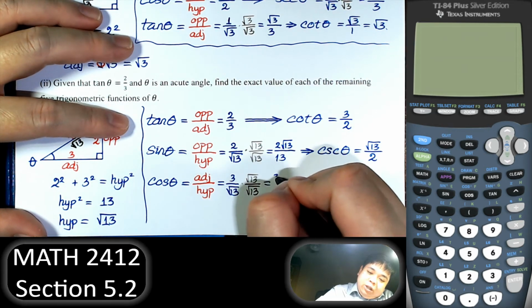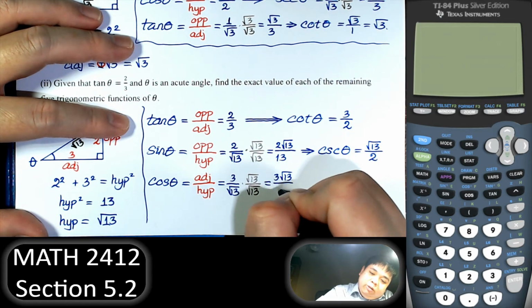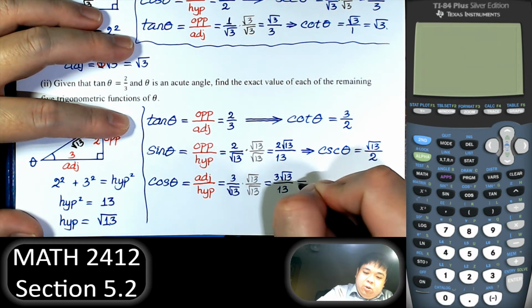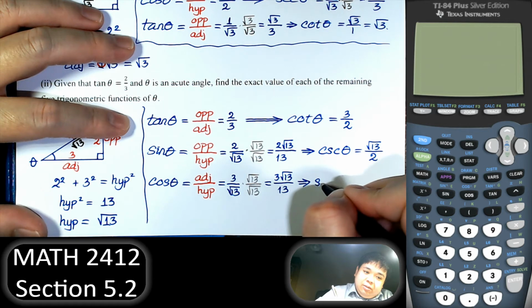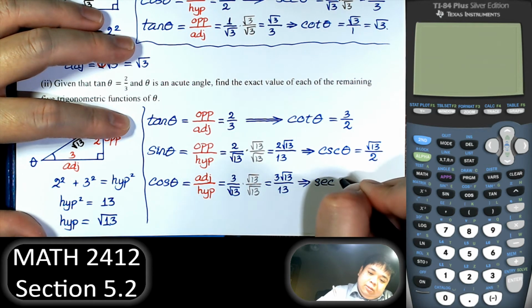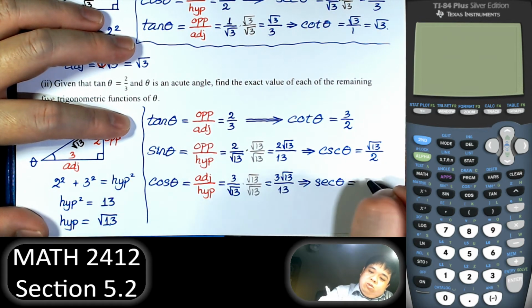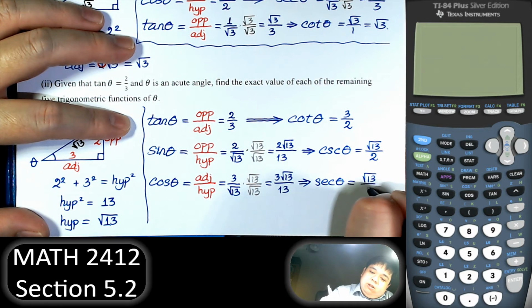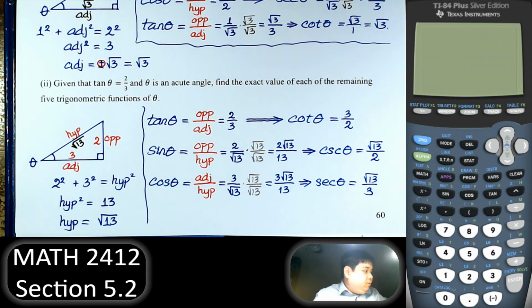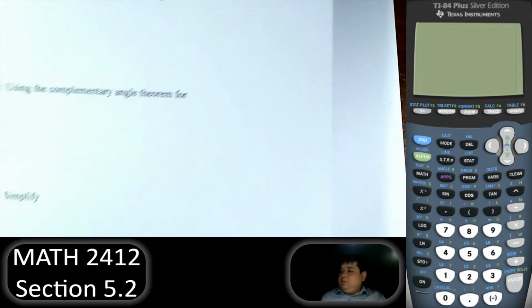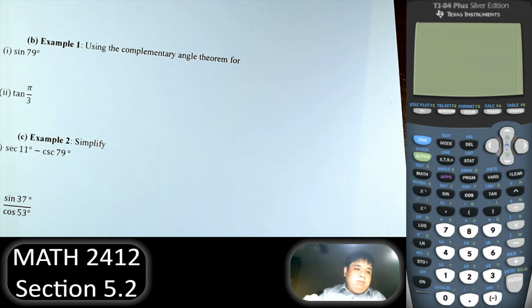That gives us 3 square root of 13 over 13. And cosine, reciprocal of cosine is secant. I'm just going to take this ratio, and that's what we have. Right, so very basic. We just use the definition of trigonometric functions.